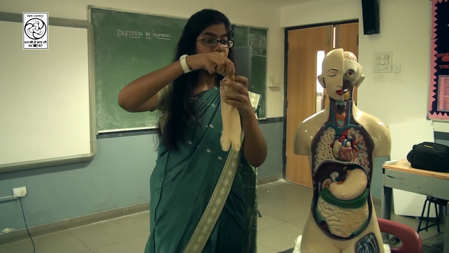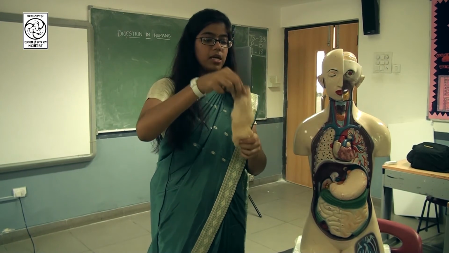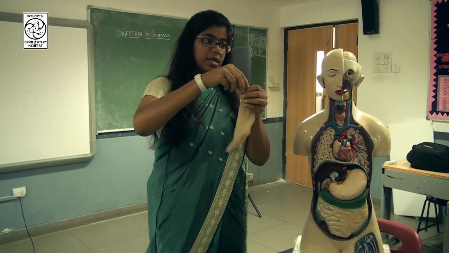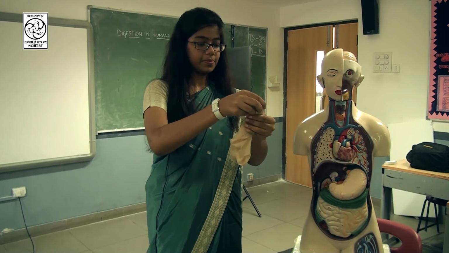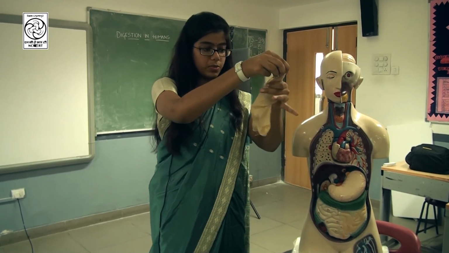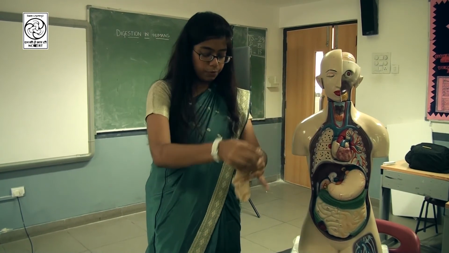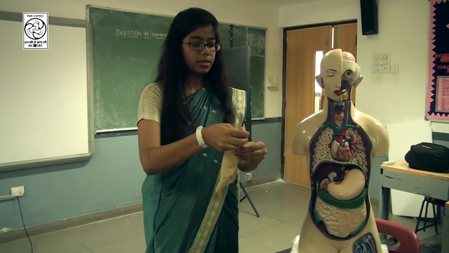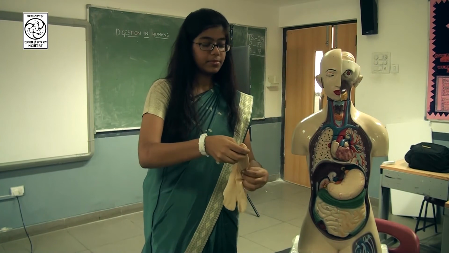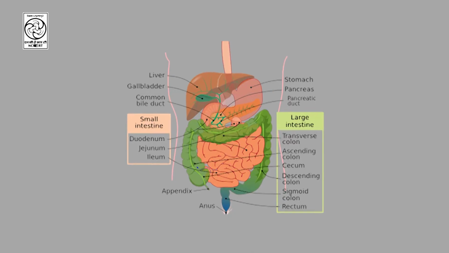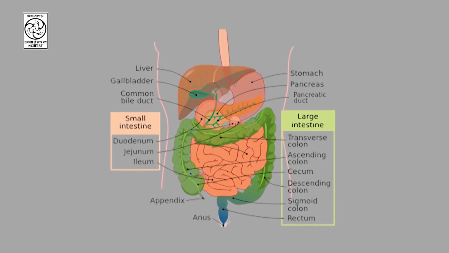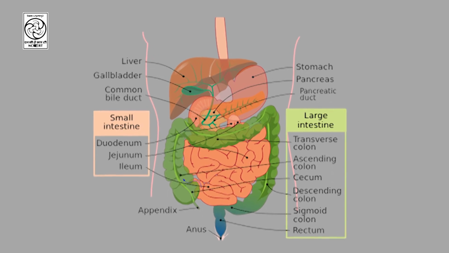So, I am opening it and transferring the contents into the large intestine. So, these movements which I am showing, these are the movements by which the food passes through the entire digestive system. Now, the food has reached the large intestine.